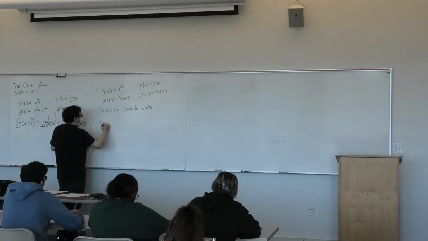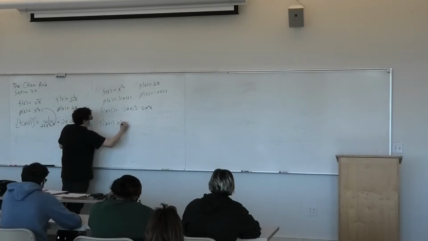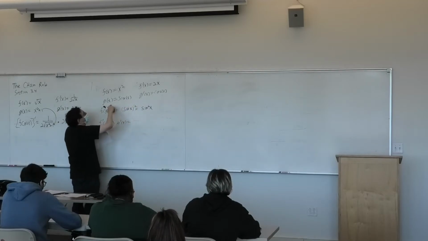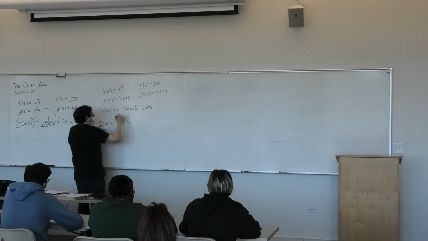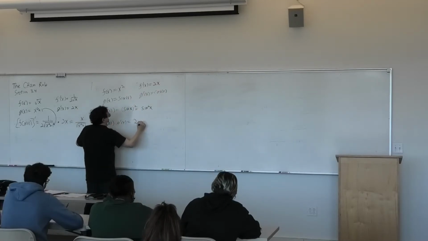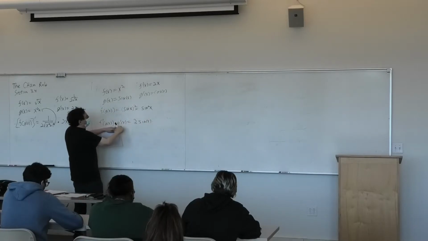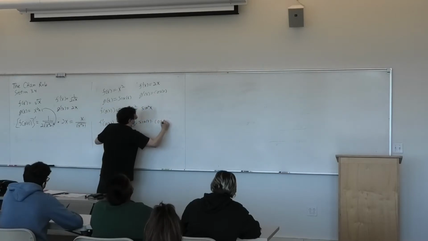So f prime at g of x times g prime of x is what? f prime is 2x, 2 times x at g of x. So 2 sine of x times g prime, which is cosine of x.